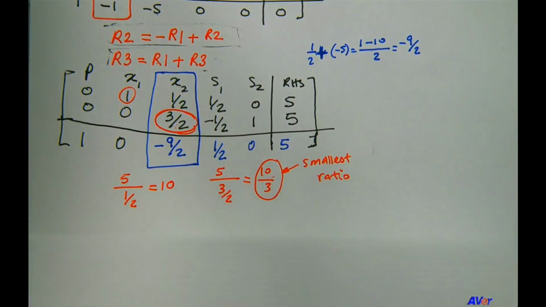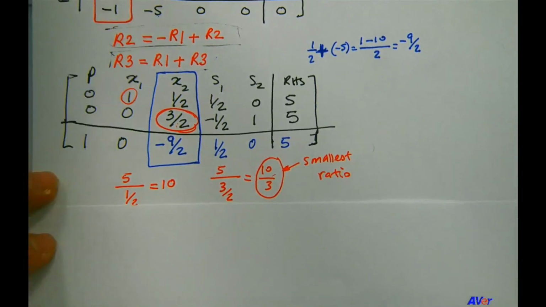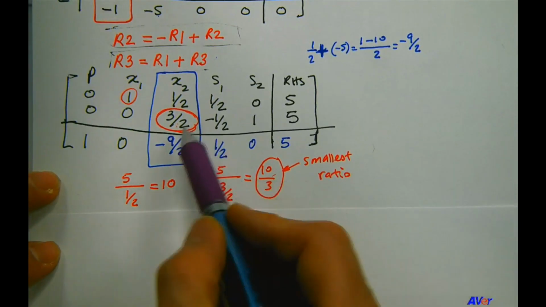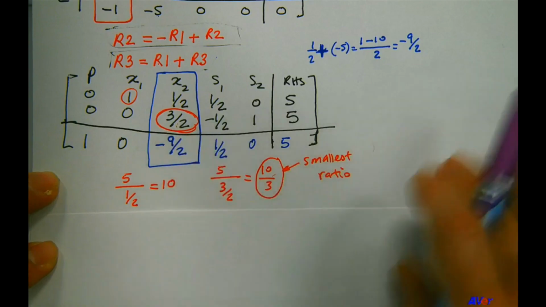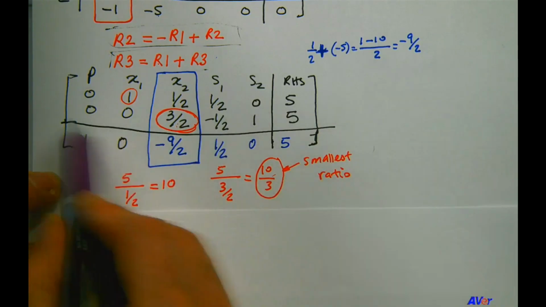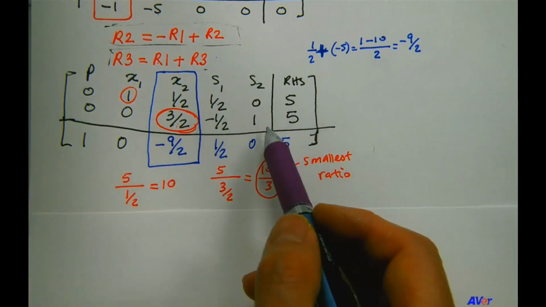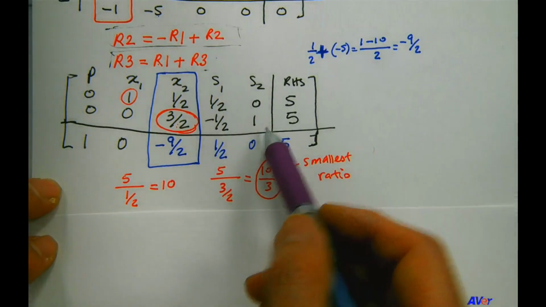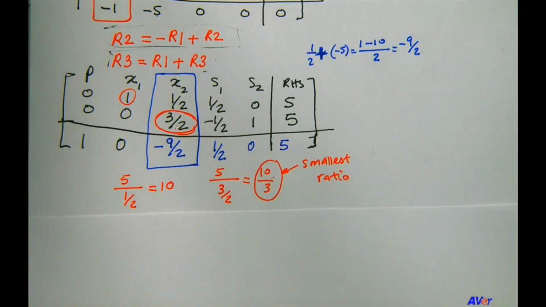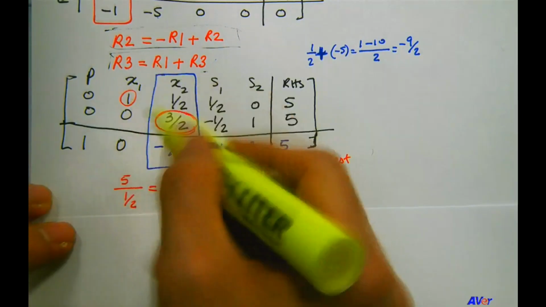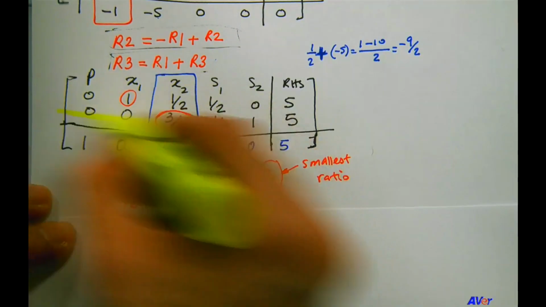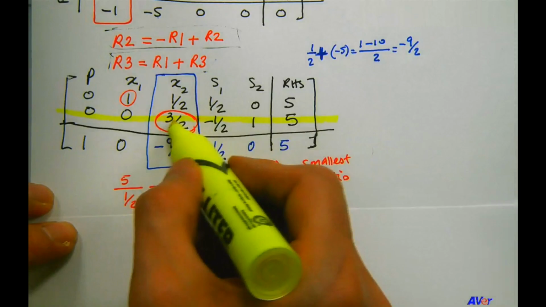So let's see how are we going to do that. Well, the row operation for converting this 3/2 to 1 is multiply that whole row by 2 over 3, right? So this whole row we need to convert.